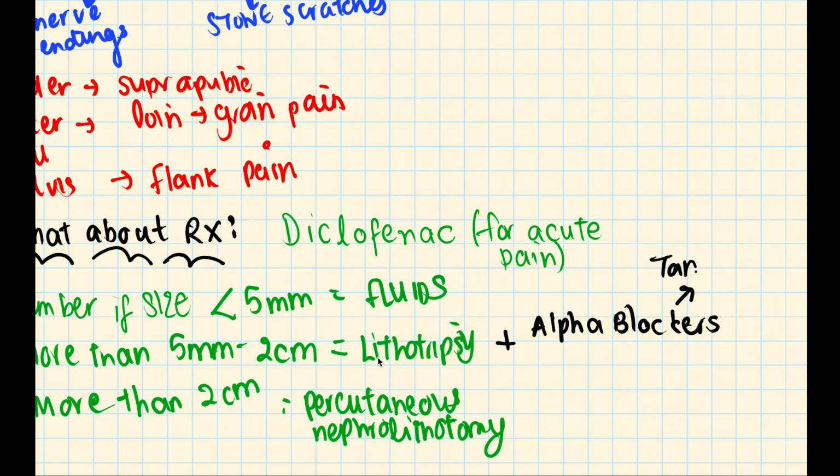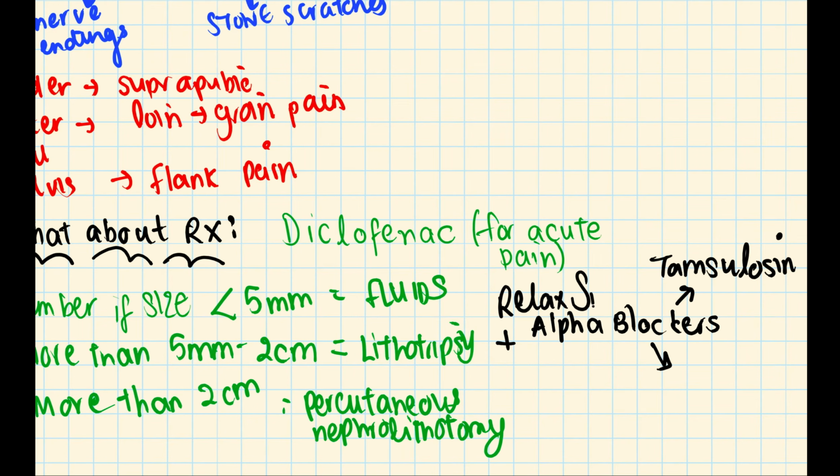If it's painful, you give diclofenac for acute pain regardless, but then you're also giving alpha blockers such as tamsulosin, which help relax the smooth muscle.